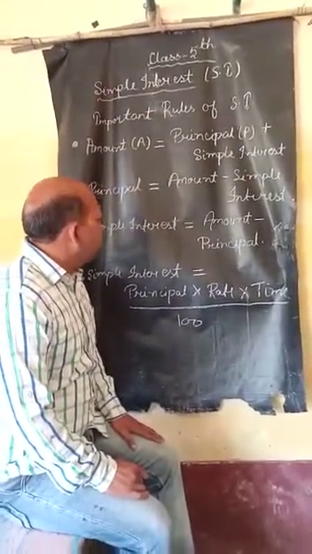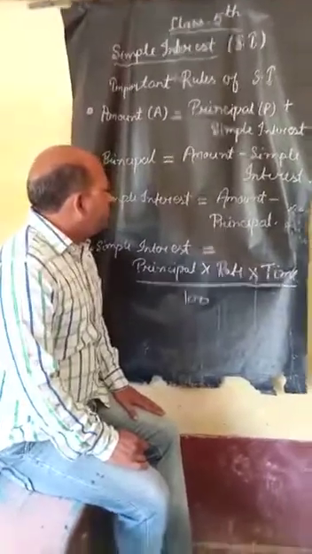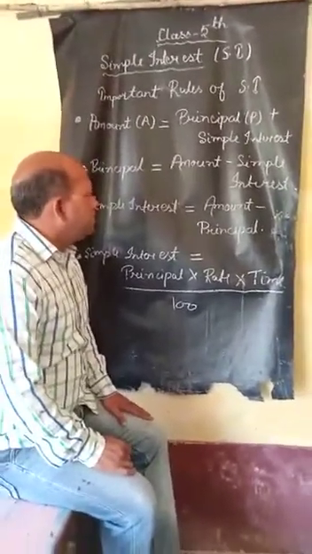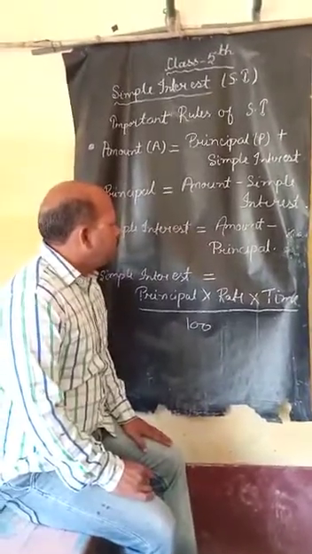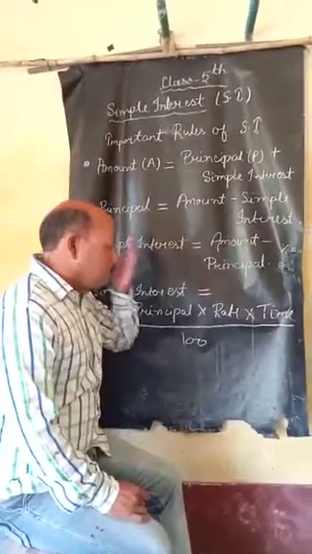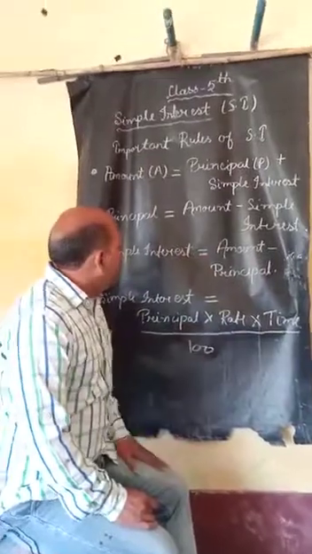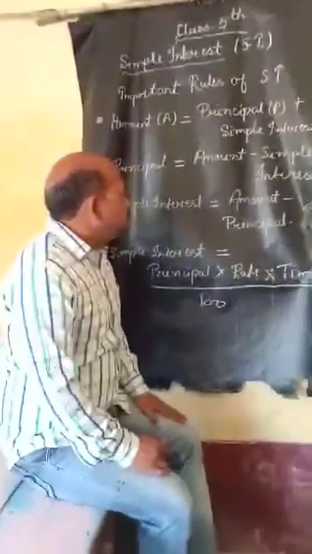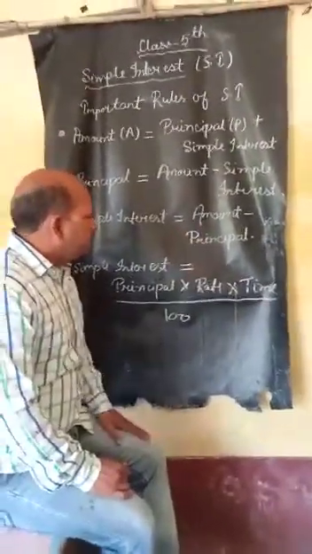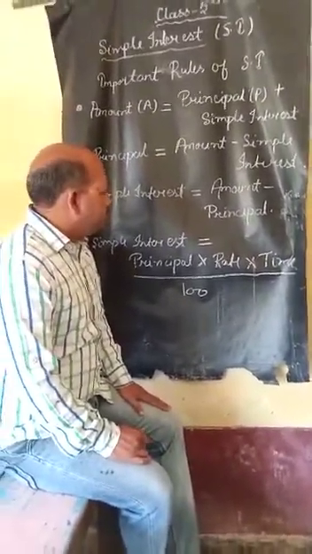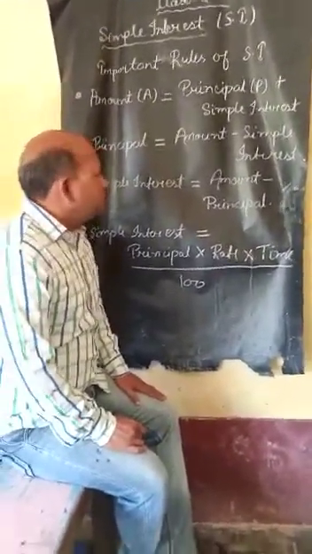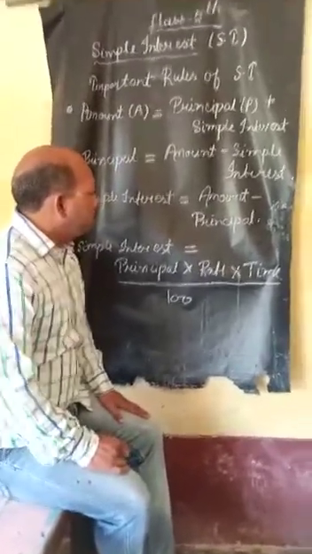Similarly, we can find simple interest by subtracting the principal from the amount. We can easily say the amount will be greater than the principal, so we can find our simple interest by subtracting the principal from the amount.